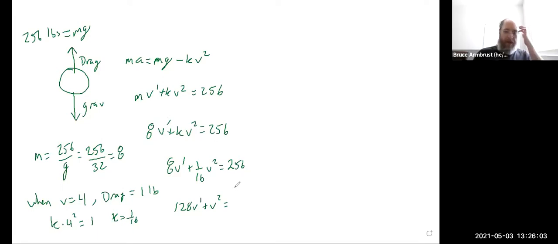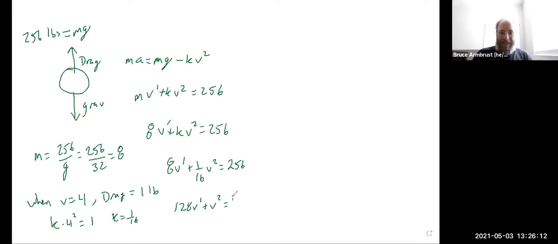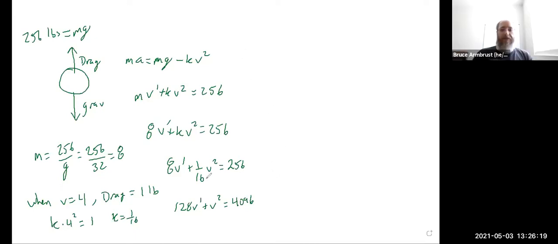No, can't be. 256 times 16. 4096. I did 18 by accident. It's got to end in a 6. All right, so there's our differential equation. This is the guy that we're going to have to solve. All right, so, how are we going to solve that?